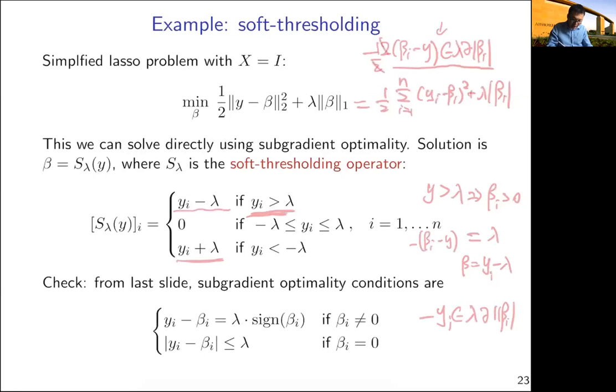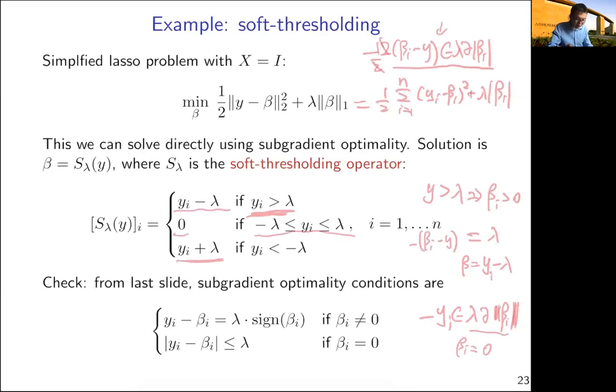Since y is unspecified, it can be anywhere between minus lambda and lambda. This needs to be a set, it cannot be just a singleton, and the only case when this is a set is when beta_i is equal to 0. Therefore, when y satisfies this condition, the optimal solution for that coordinate is beta_i equals 0.